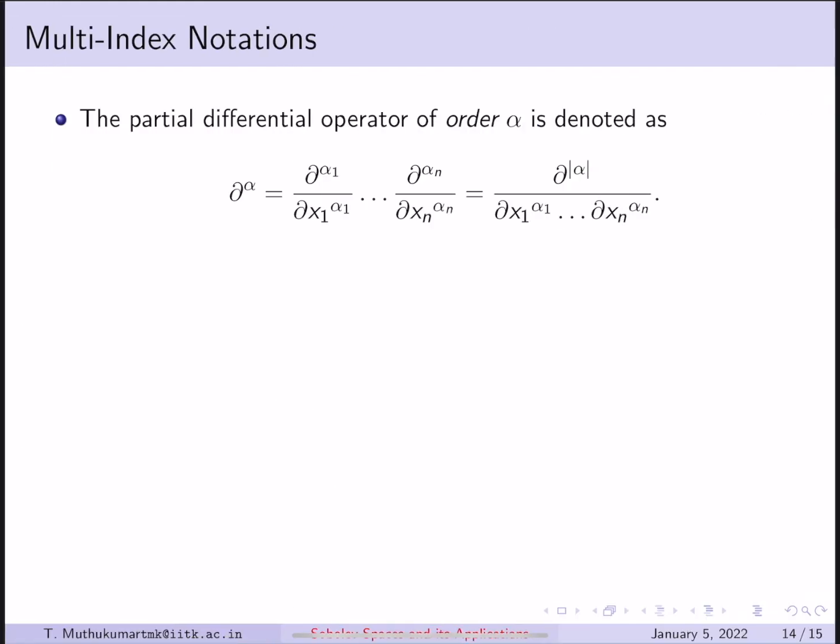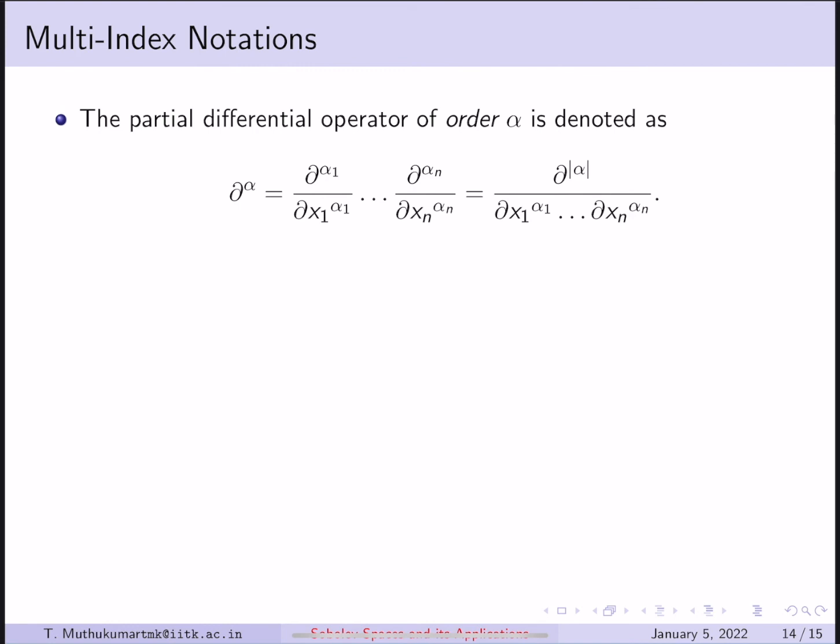Using this symbol, one can write down a partial differential operator. Here, of course, we are assuming that the mixed derivatives are the same. You know that for smooth functions, the mixed derivatives are the same, and we are more or less working with smooth functions here, so we don't have that issue.